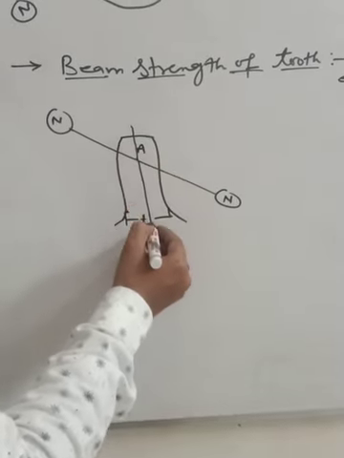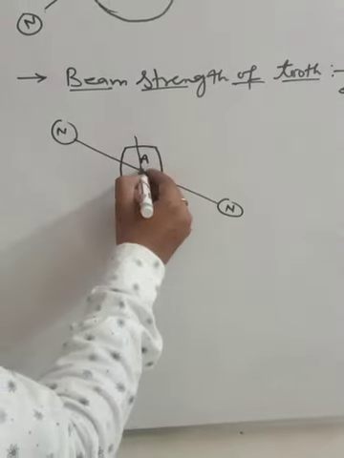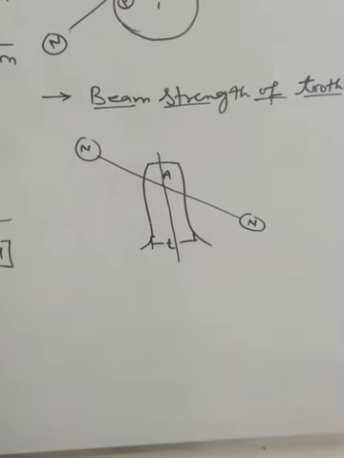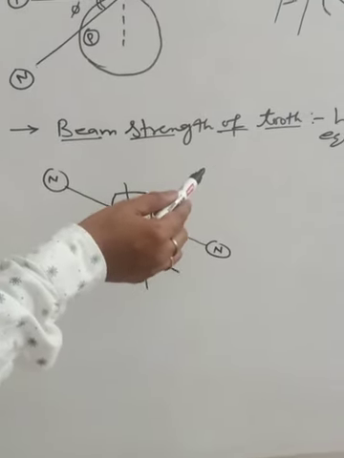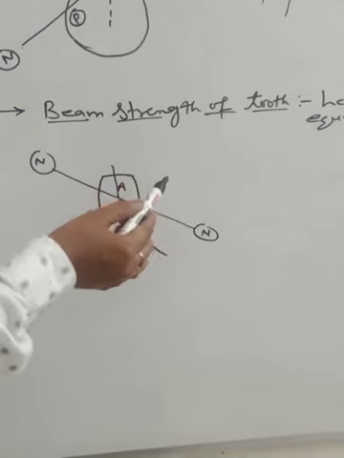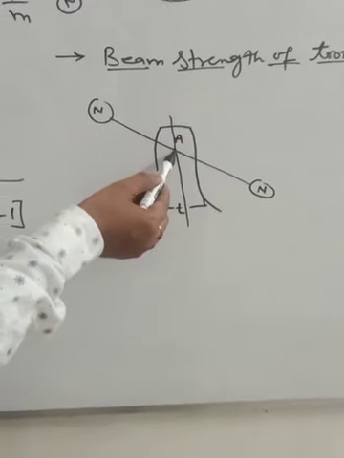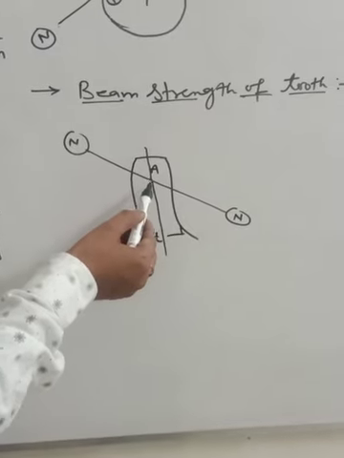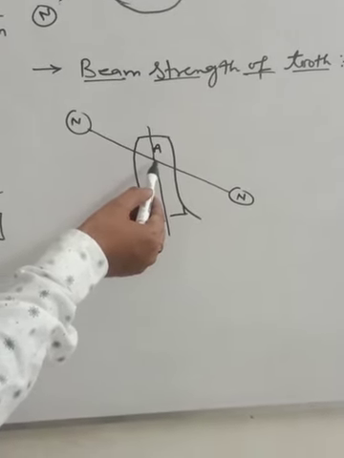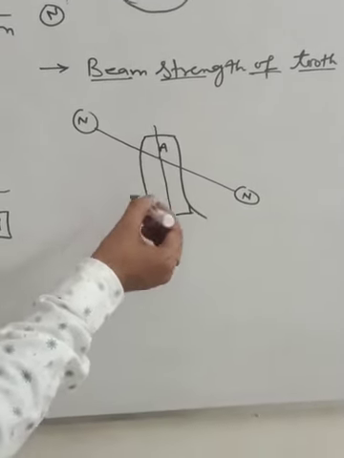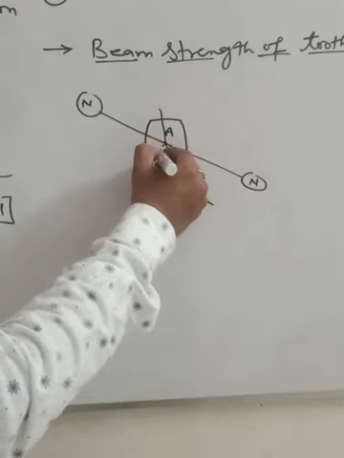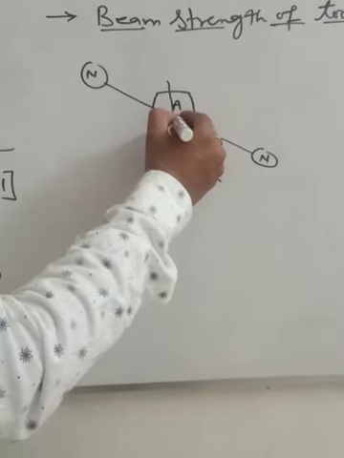This is the line of action of this tooth. Lewis assumed that from this point A, the weakest section can be found out by plotting a parabola from this point.